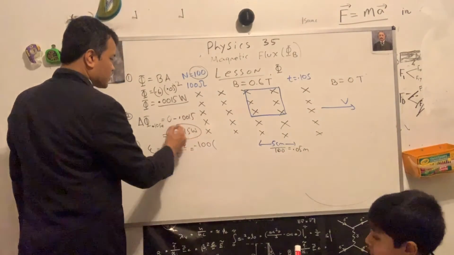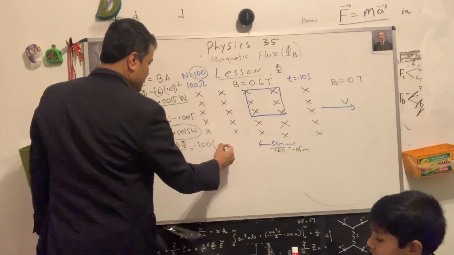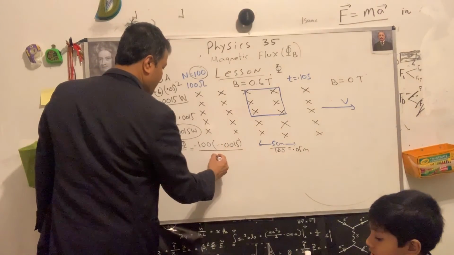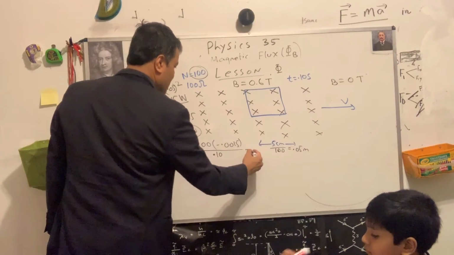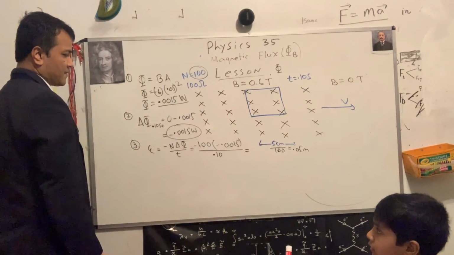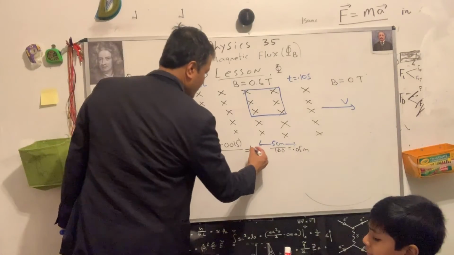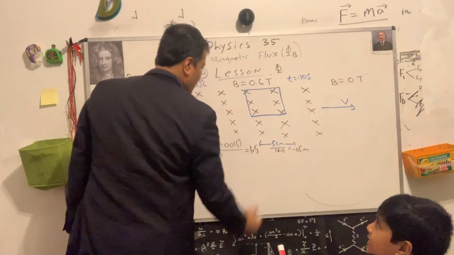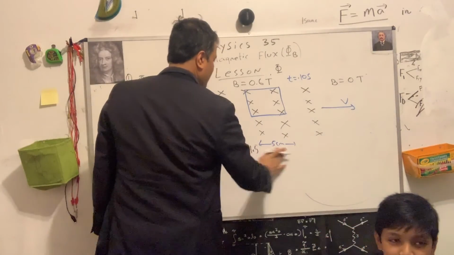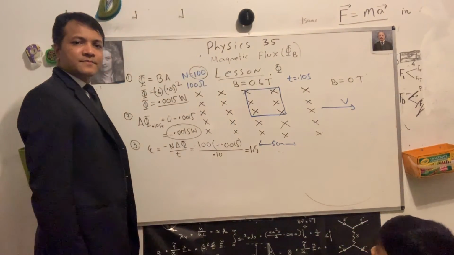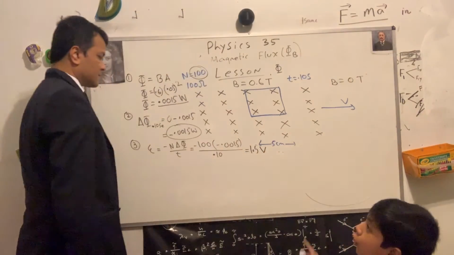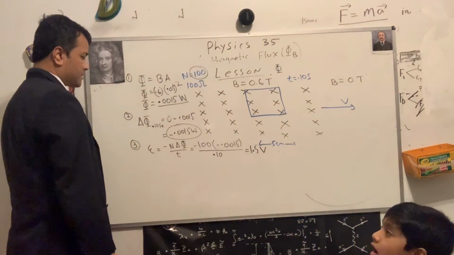Change of flux is minus 0.0015, divided by 0.10, and that gives us 1.5. 1.5 volts, because it's the induced voltage.